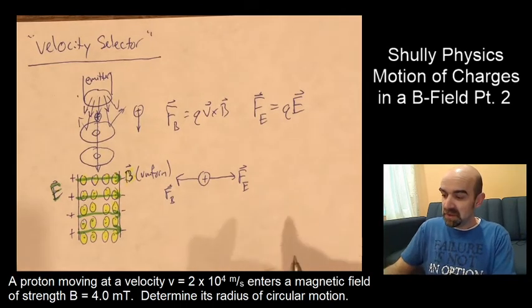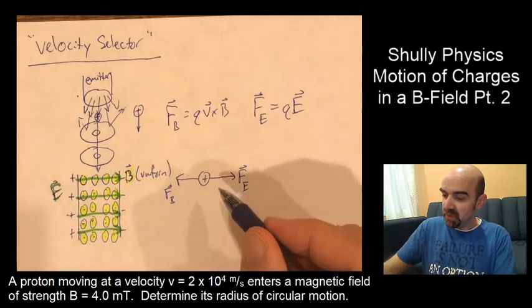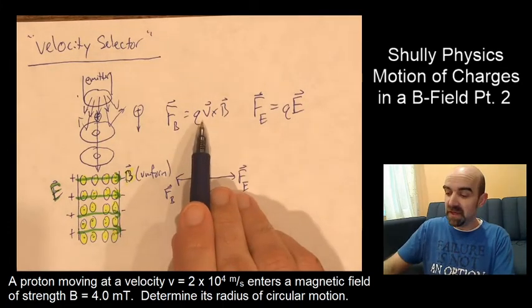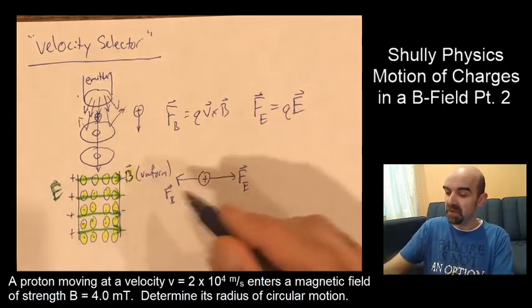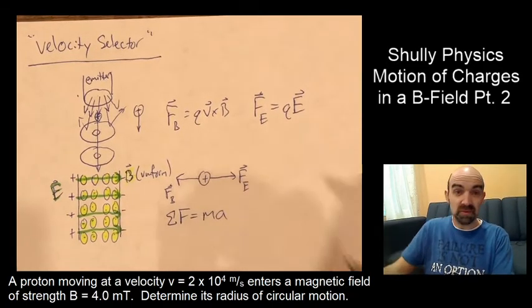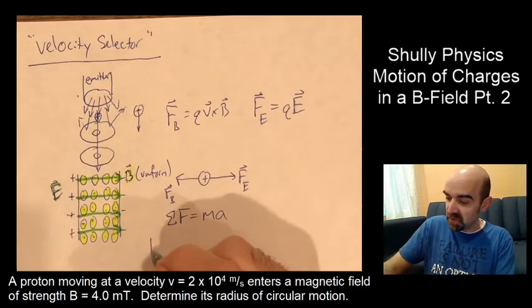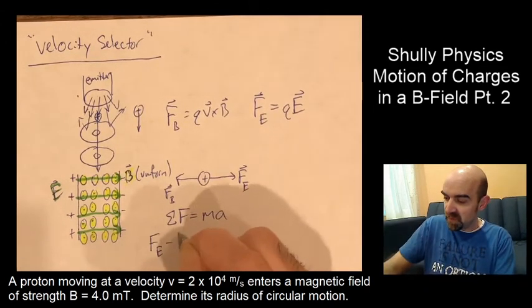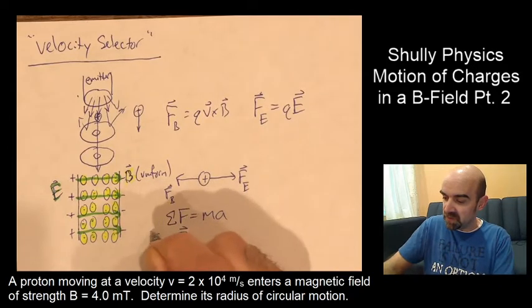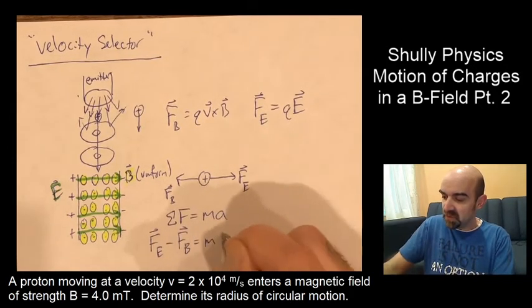So what we want is just the particles that are moving at a very specific velocity so that they move straight through. Considering Newton's second law, we want the electric force minus the magnetic force equal to 0.